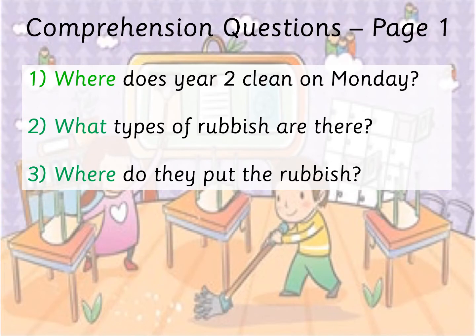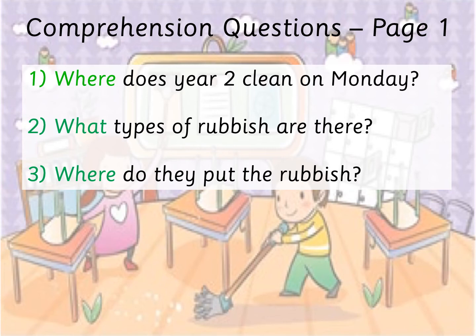Now you can try answering the comprehension questions on page 1. Question number 1. Where does Year 2 clean on Monday? So when you are talking about where, you should be looking at places. So number 2.